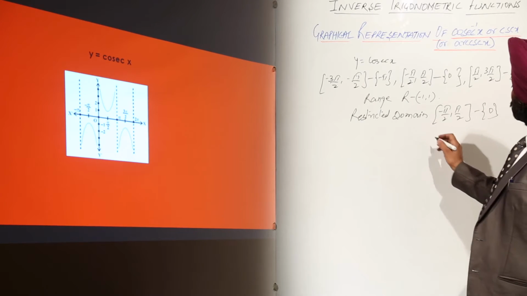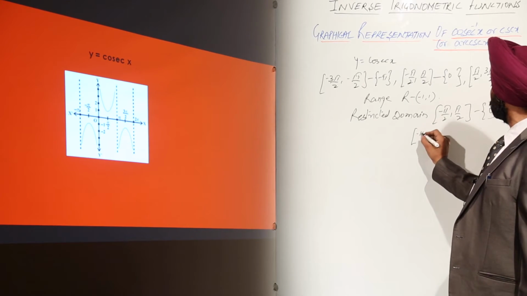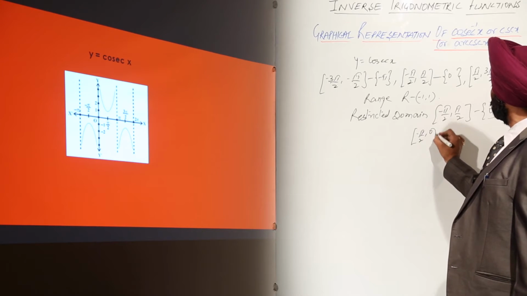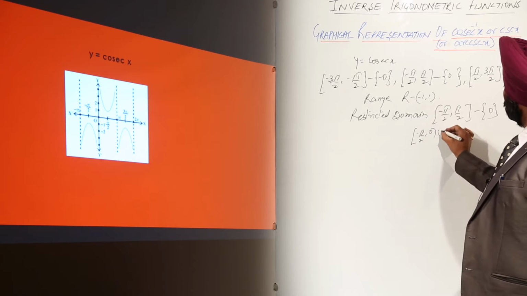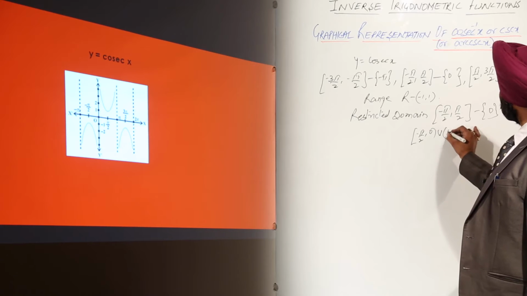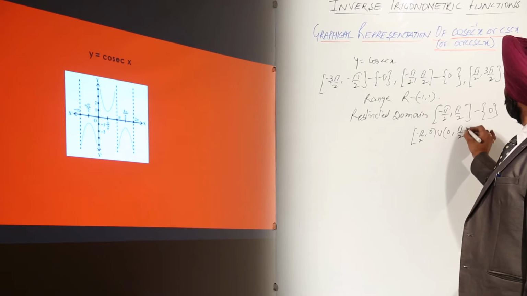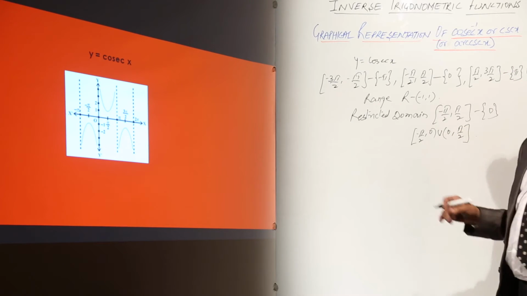And this part we can also write as minus pi by 2 comma 0 with the open interval, union with 0 comma pi by 2 with the closed interval. We can write it like this also.